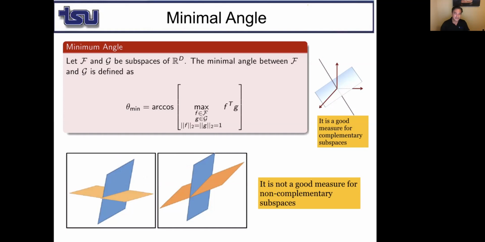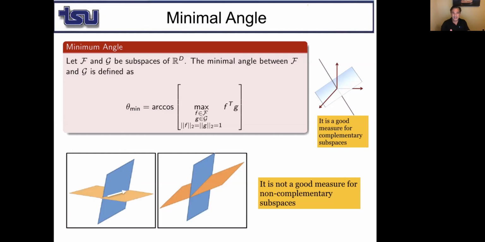Well, what is the intersection? Okay, so what is the minimal angle? Think about all vectors on this plane. And what will be the angle, the minimum of the, for example, here, this line is on this plane, on the blue plane. But that line is also on the yellow plane, right?